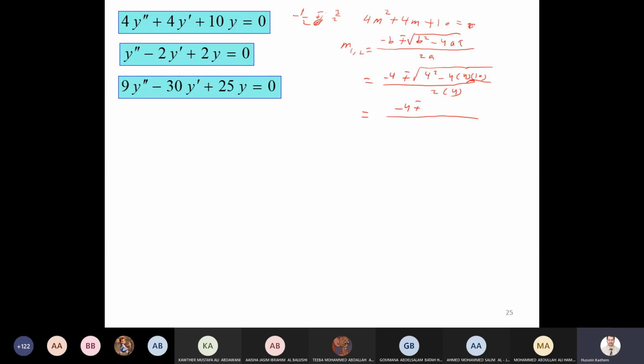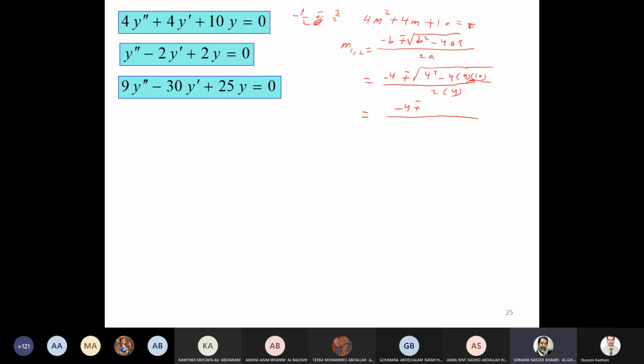Help me with the calculator. What is the number inside the square root? 16 minus 160, which is minus 144. Take the square root of this. How much will it be? 12.